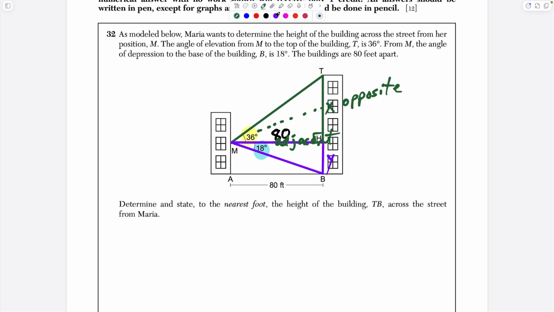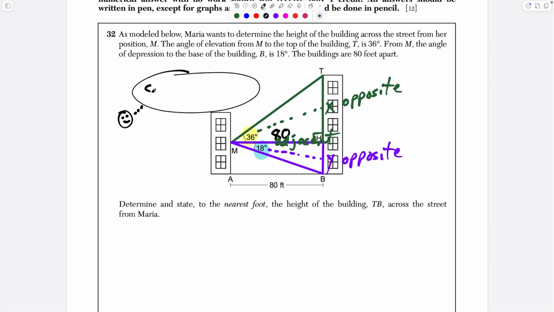And then in the purple triangle, we have 18 degrees over here. The side labeled Y is opposite. So for both of these, what I'm hearing is opposite, adjacent. So if you say the phrase to yourself, SOH CAH TOA, we are going to go with tangent here.